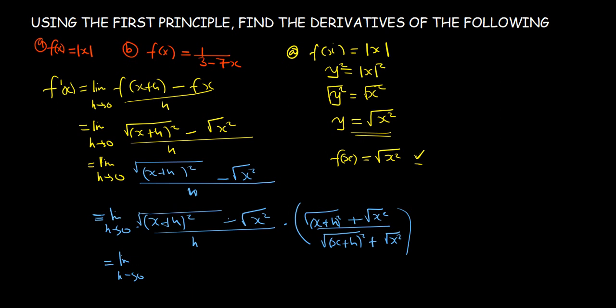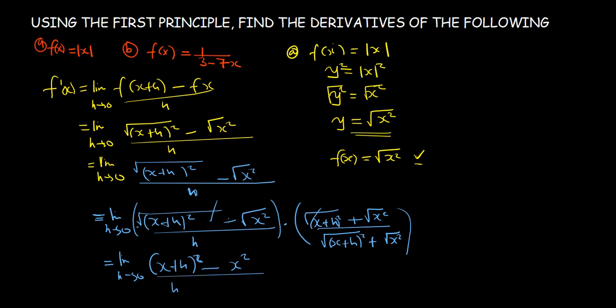Now these are difference of two squares, you can see there. So I'll just get that one and cancel this, and this will cancel, so we'll just remain with one thing inside, which is just (x plus h) squared, then minus x squared again, because it's a difference of two squares.